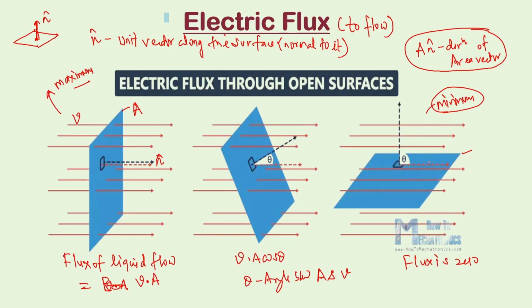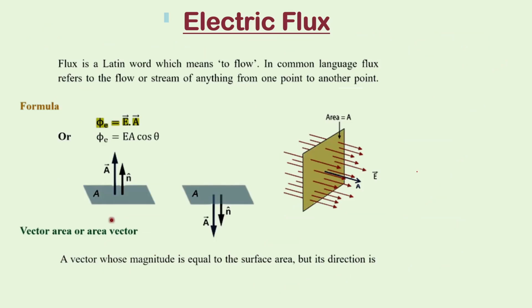So if we replace this volume of water with electric field lines, then we call it electric flux. As we discussed earlier, flux is a Latin word which means to flow. So flux can be referred to as a flow of a stream of anything from one point to another.